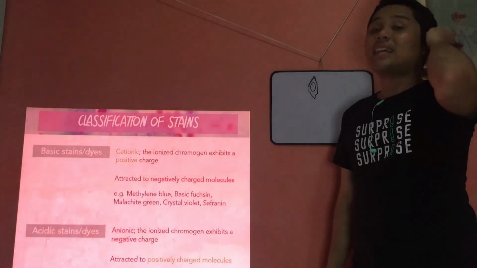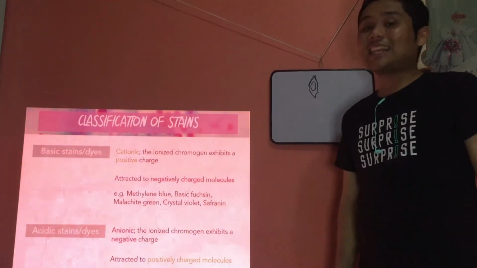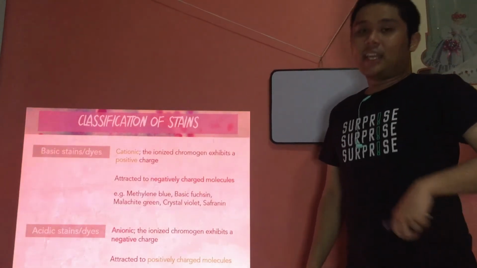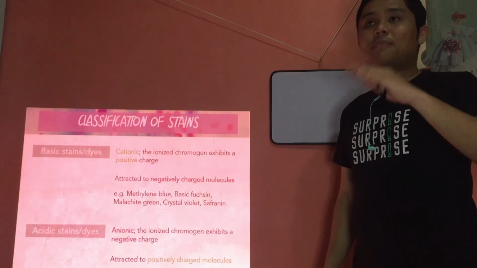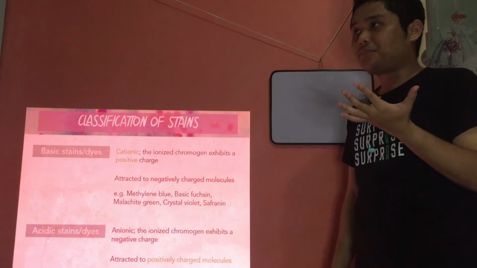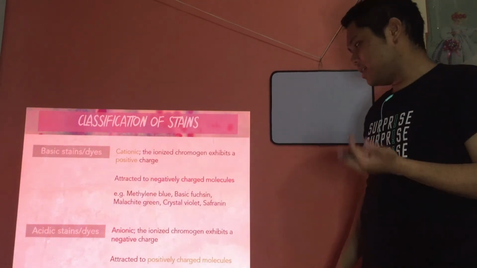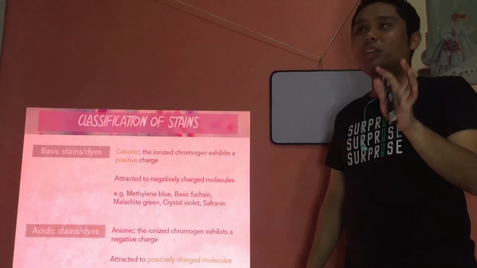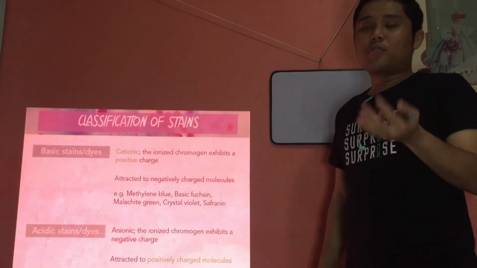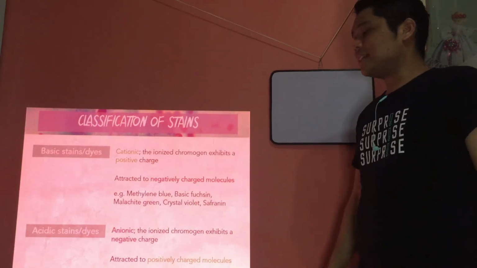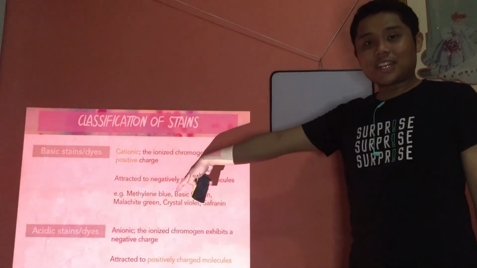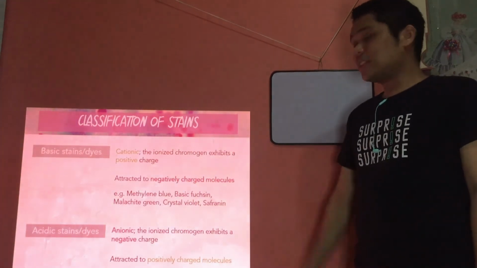We have first the basic stains or dyes. When we say basic, it's cationic, meaning it is positively charged. Therefore, it will bind to negatively charged molecules, such as proteins, or different negatively charged components found in the structures of your cells or organisms. Examples of basic dyes are methylene blue, basic fuchsin, malachite green, crystal violet and safranine.